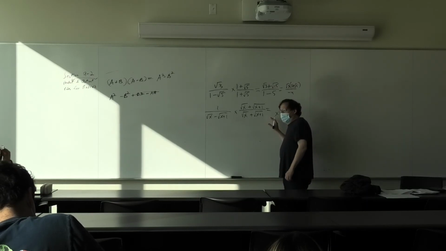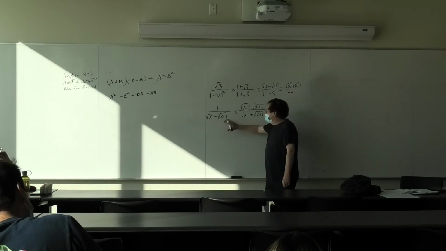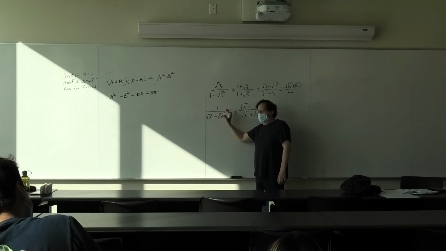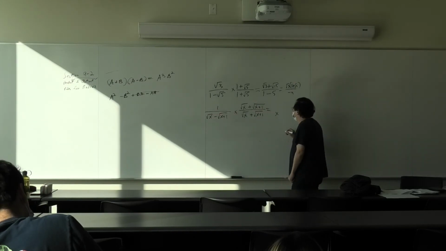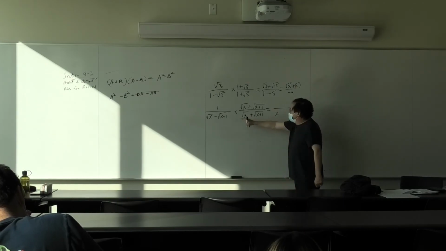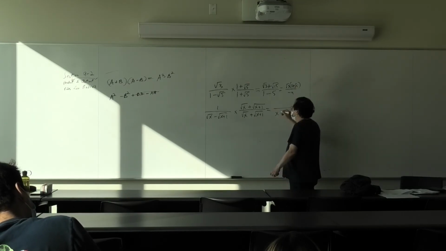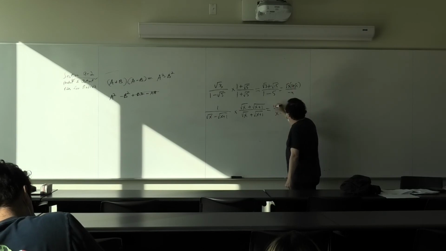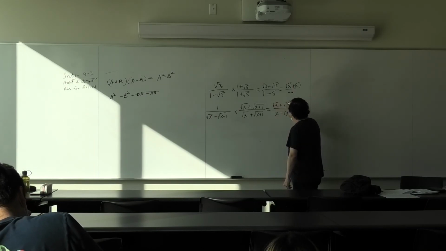Actually, it's kind of an absolute value of x, but for the moment, we're just going to make believe these are all positive numbers. We don't have to deal with that. Minus square root of x plus 1 squared. That's x plus 1. And I just have this thing on top.